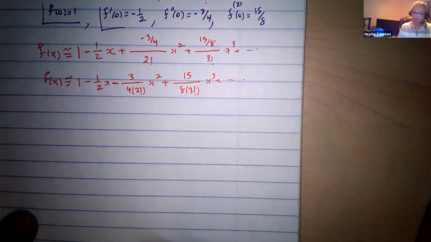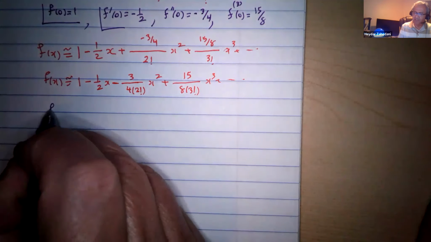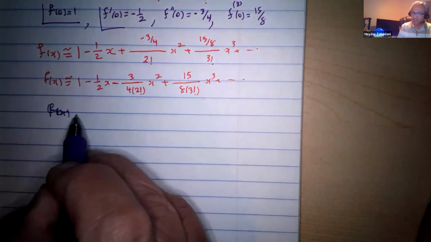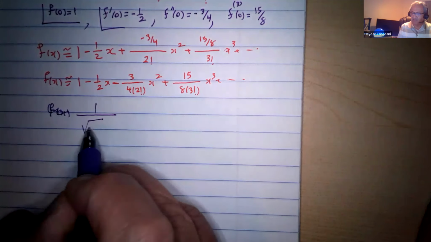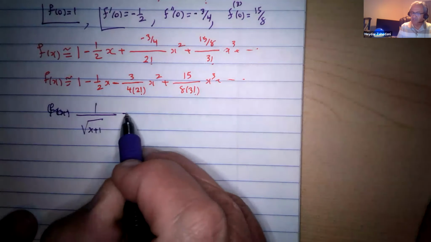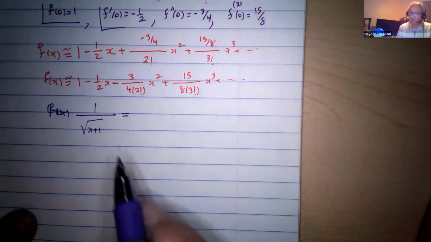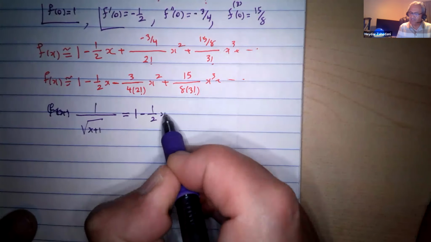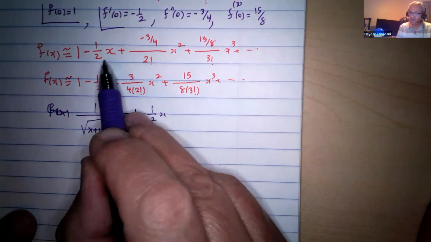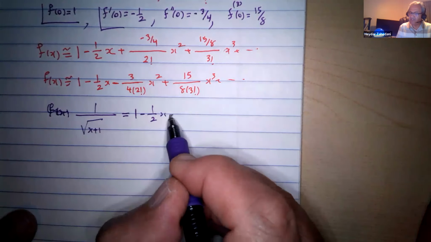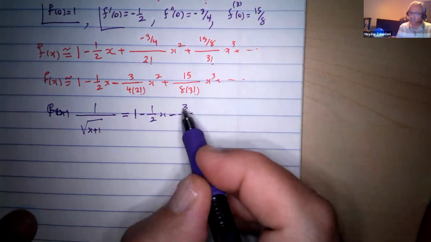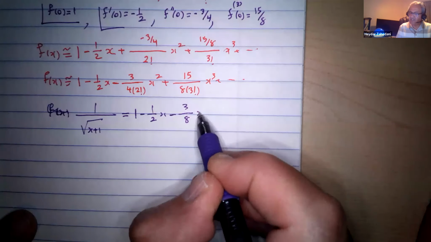So eventually, the Maclaurin series of 1 over radical x plus 1 is equal to 1 minus 1/2 x, minus 3 on the top, 2 factorial is 2, 2 times 4, 8, so 8x squared.